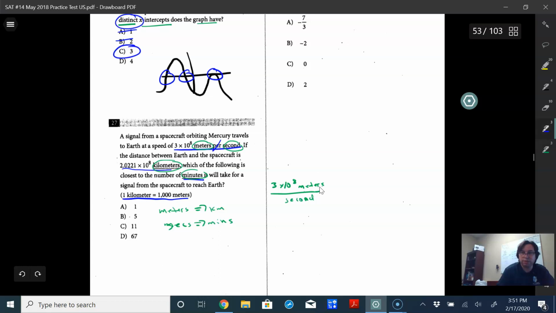Times 1 kilometer, because that's the unit we want to be in, equals 1,000 meters. And so the new value that we would then have would be 300,000 kilometers per second.